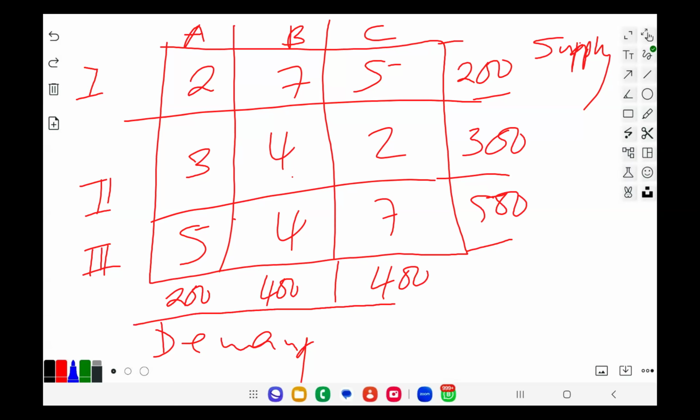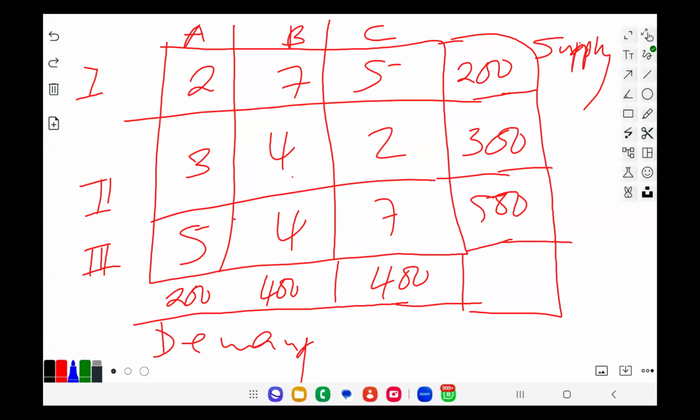Now listen, what we mean when we say the problem is balanced or unbalanced, all right? If and only if, when you add the supply and when you add the demand, they give you the same value, it means the problem is balanced. Is that clear?